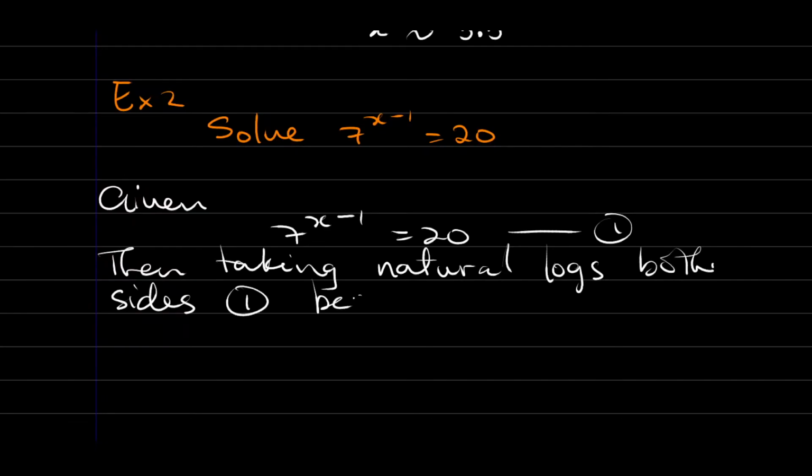Equation 1 becomes ln of 7 to the power of x minus 1 equal to, oh no, wait, I forgot my ln of 20.